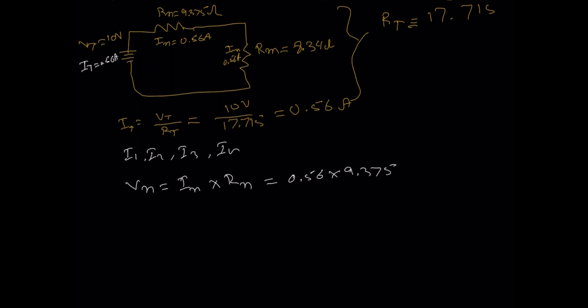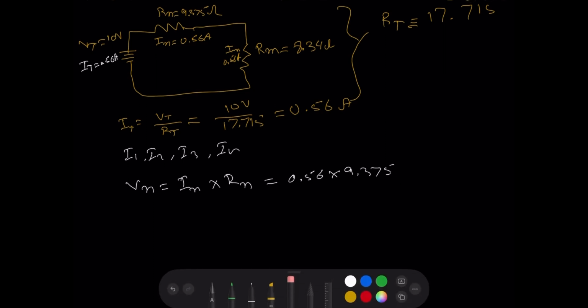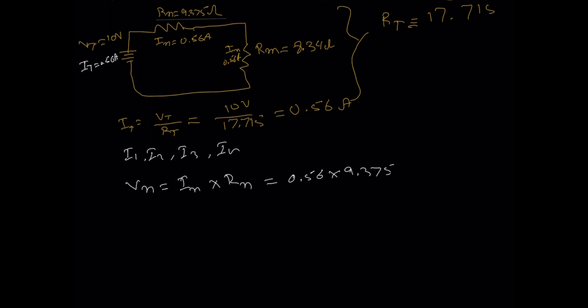That will give me 5.25. Let's double check, 0.56 times 9.375, 5.25 volts. So the voltage drop here at Vn is 5.25.